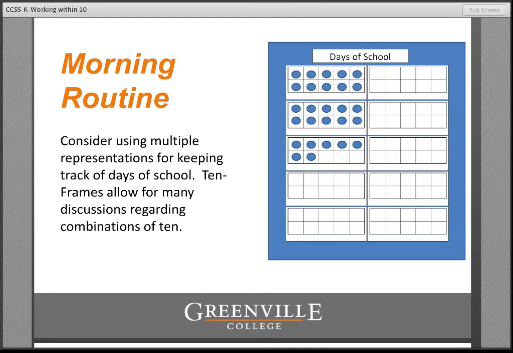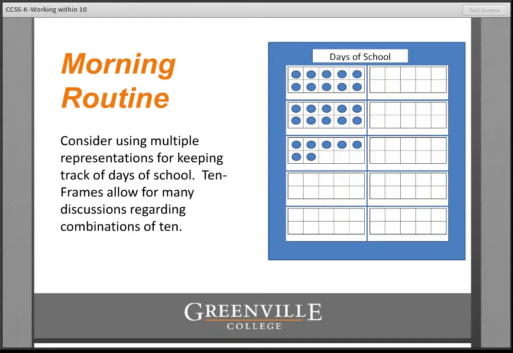However, if I'm using a 10 frame and I have 7, like in the bottom one that has dots in it here, you see there are 7 blue dots. Well, I can see easily that I'm going to need 3 more to complete that. So imagine a classroom where they use these sticks and they're doing the bundling, and they're also representing it by adding a sticker to the 10 frames on a days of school 10 frame chart. Then they can say, look at the chart, how many more are we going to need?